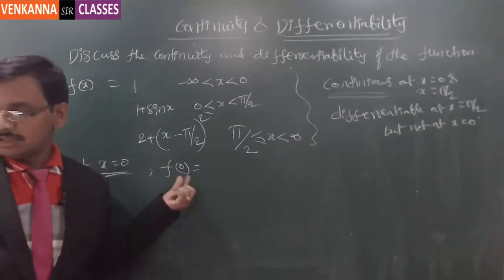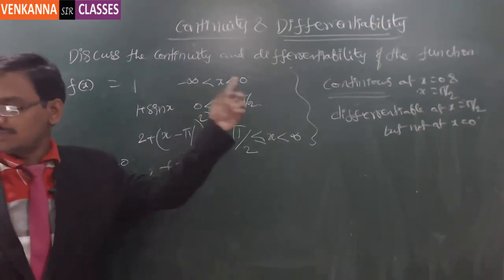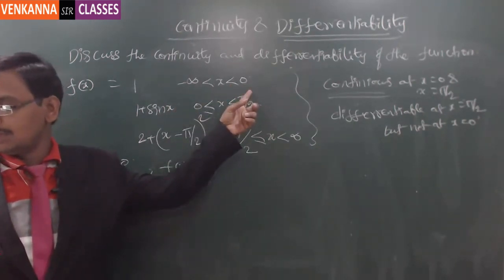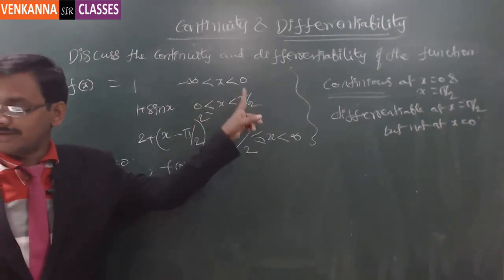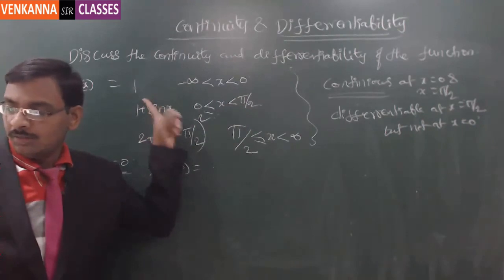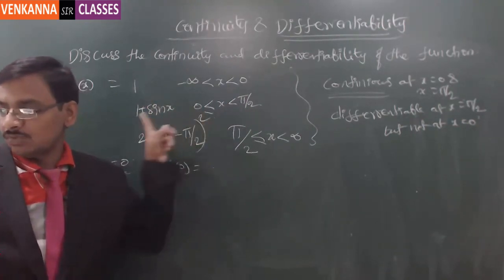Where there is the 0 condition, that is here minus infinite to 0. Yeah, that's exactly the problem. So Anubhav, see this, minus infinite to 0, this is 1, but from 0 including 0, this is 1 plus sin x.